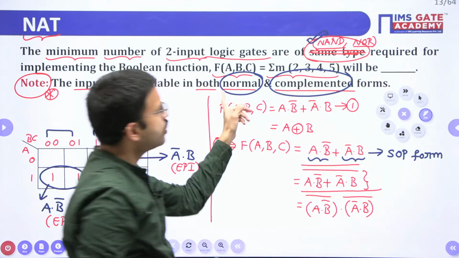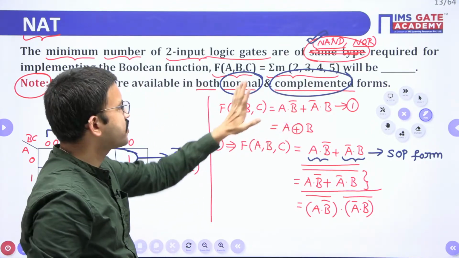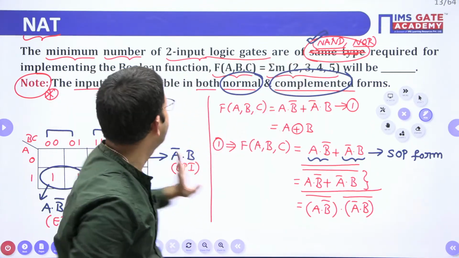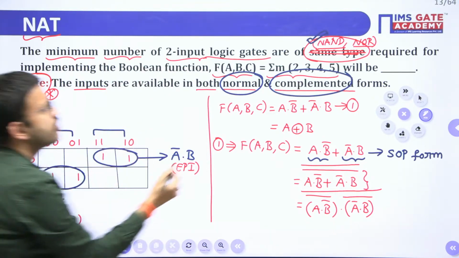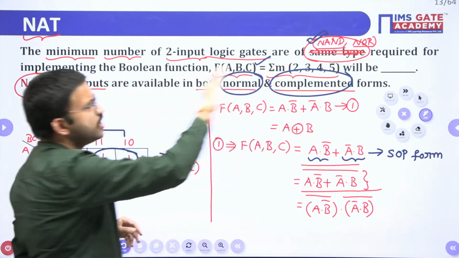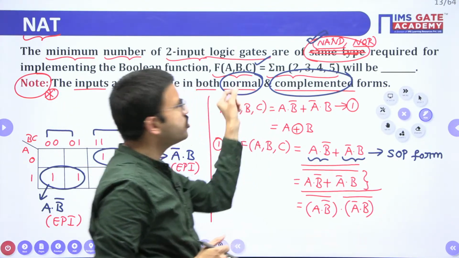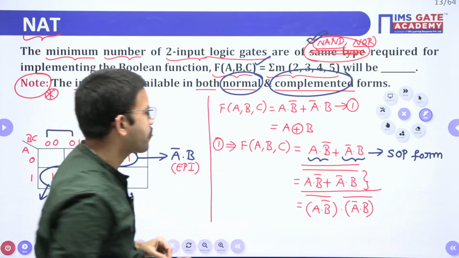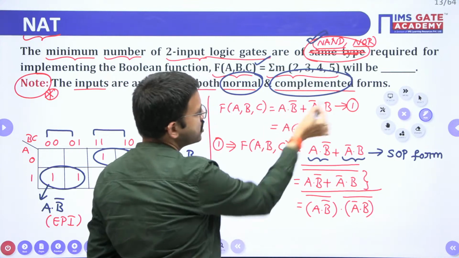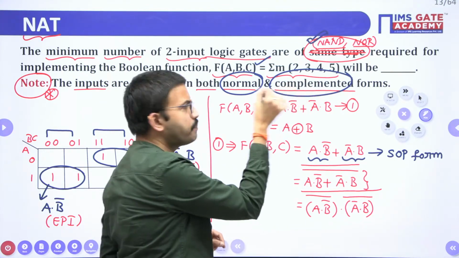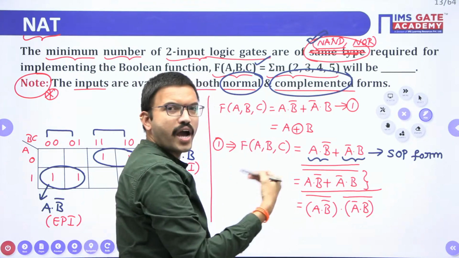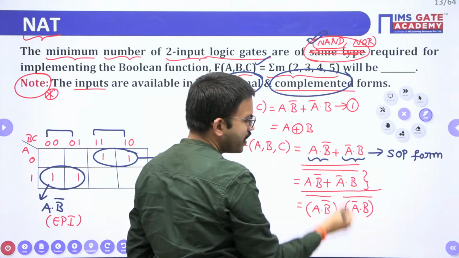So that means, in general, if they don't mention this, for any particular circuit, whatever variables you are having, the normal variables are available. But wherever you are getting complement, you have to generate it with the help of a logic gate. Since they have mentioned already the complement form is available regarding the variables, you need not have any logic gate.